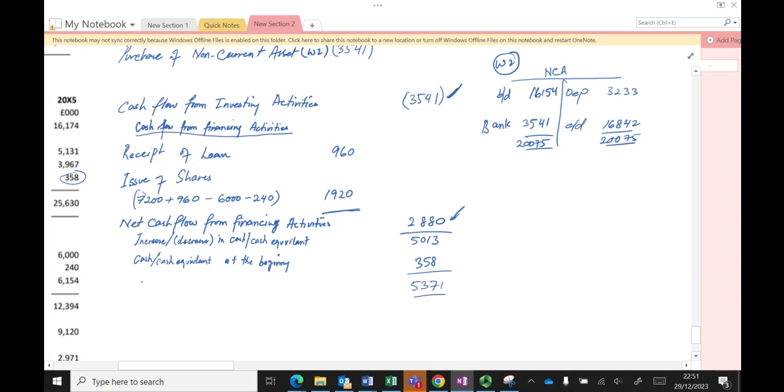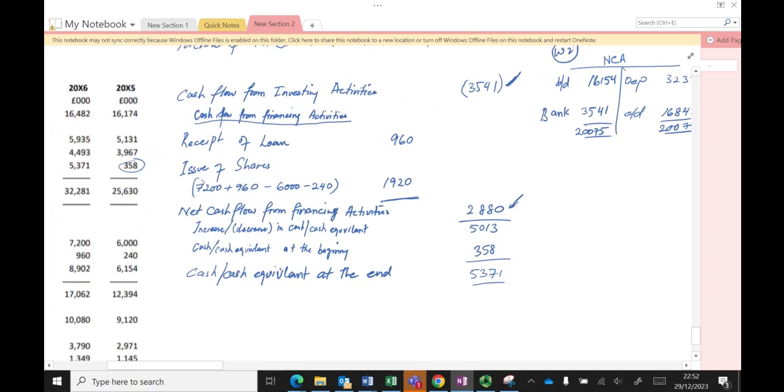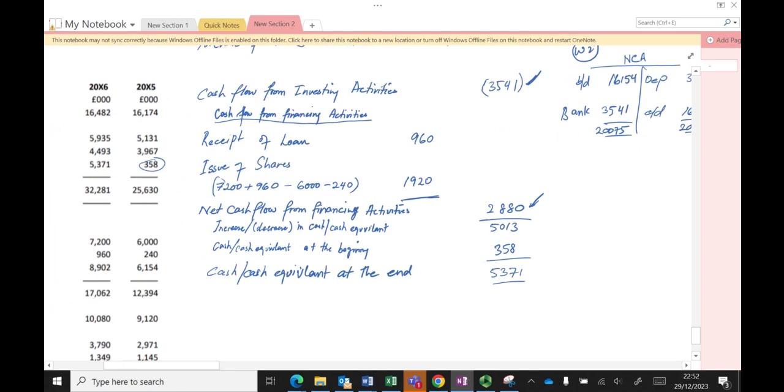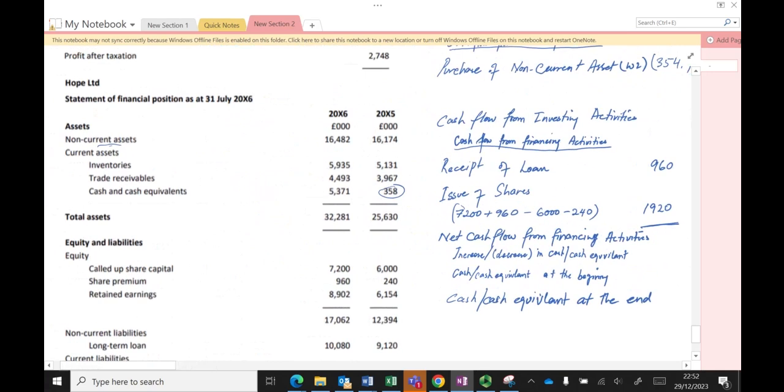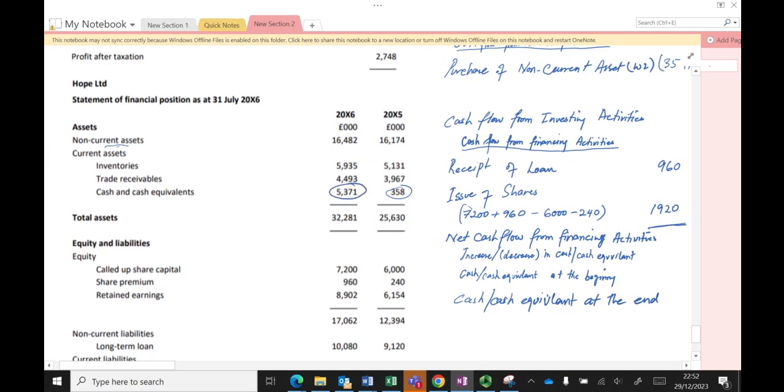That is cash and cash equivalent at the end of the year. So your final figure, which is cash and cash equivalent at the end of the year, should match with this closing balance of cash in the statement of financial position.